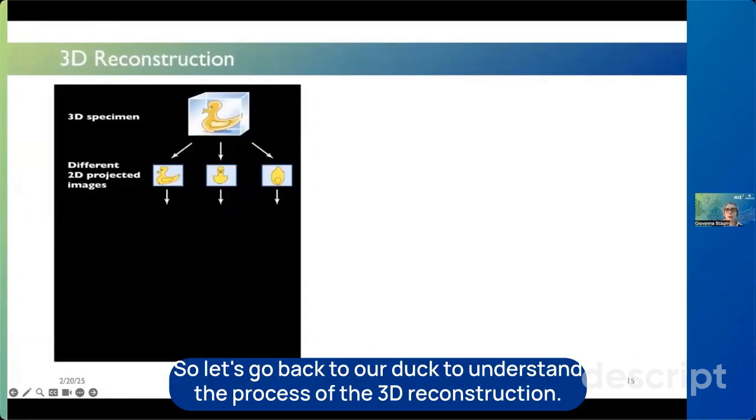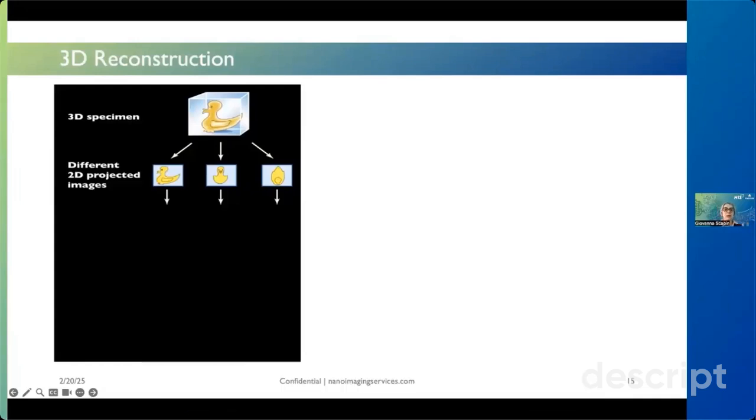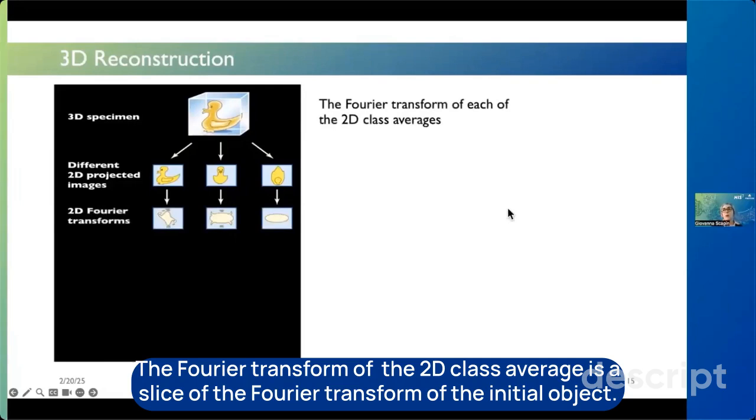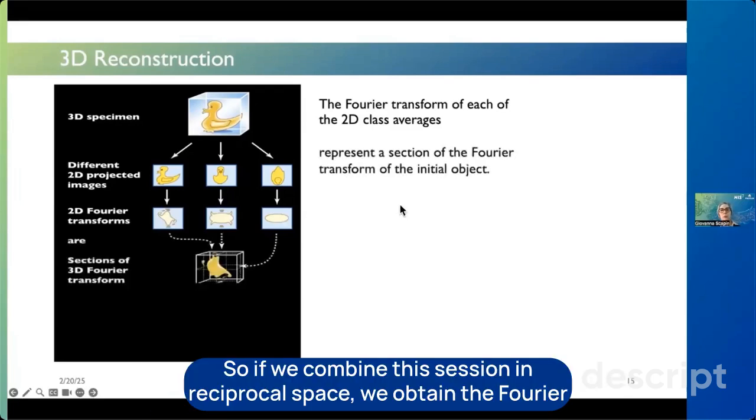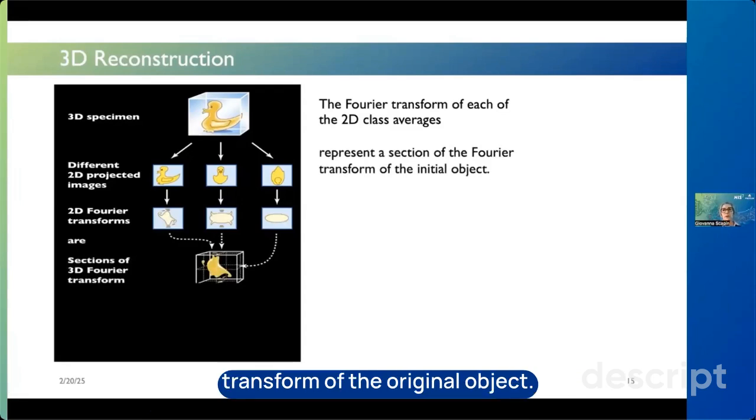So let's go back to our duck to understand the process of 3D reconstruction. The Fourier transform of the 2D class average is a slice of the Fourier transform of the initial object. So if we combine these sections in reciprocal space, we obtain the Fourier transform of the original object.